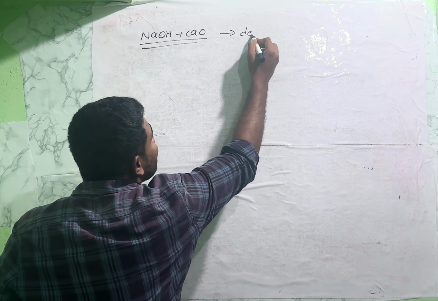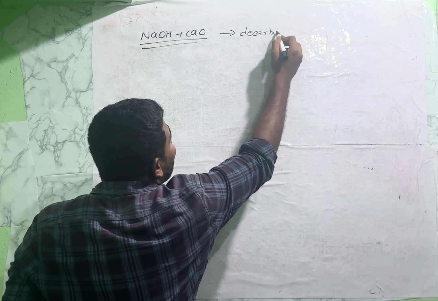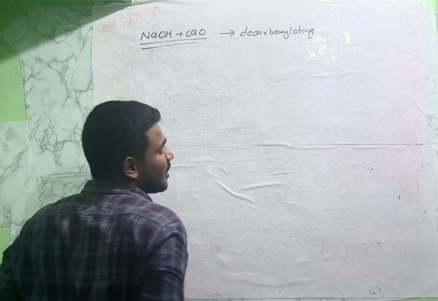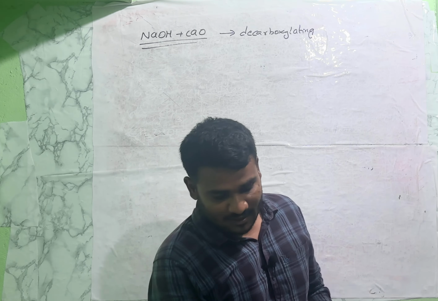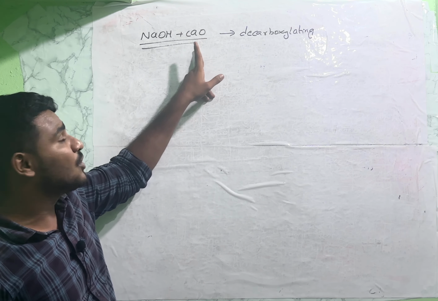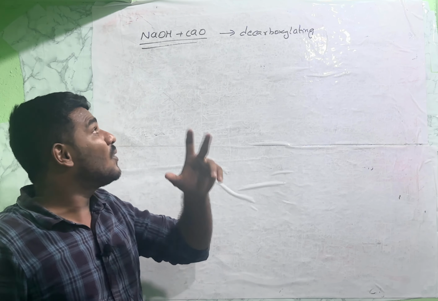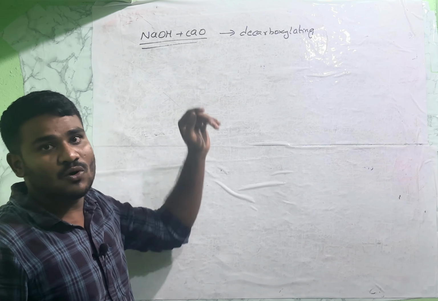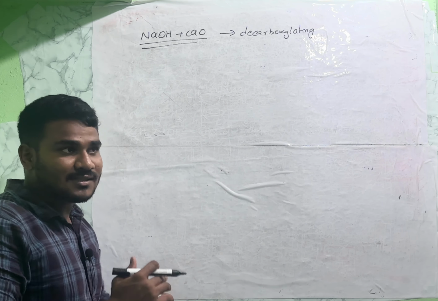What is a decarboxylating agent? That is removal of the CO2 group. Okay, here after seeing this NaOH and CaO, you have to think what is the use of this NaOH in the reaction, what is the use of this CaO in the reaction. Like this you have to think.